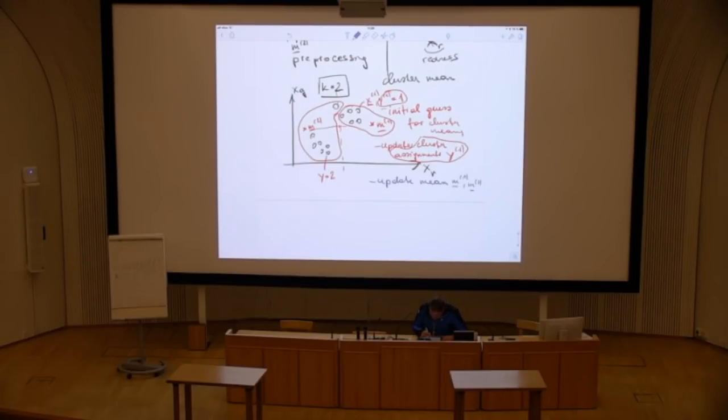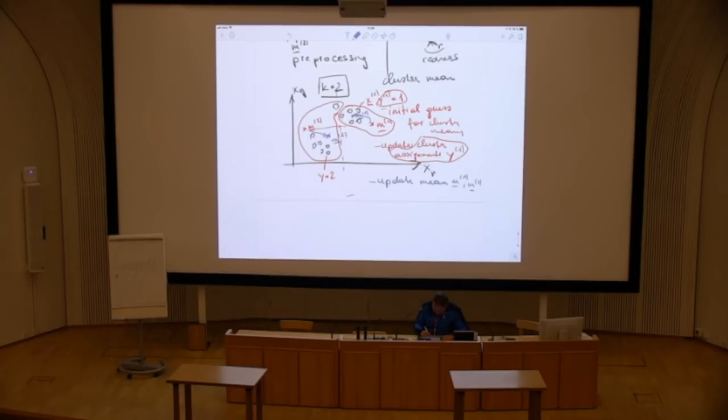So this M1 might be then here, for example. M2 might be here. So this update moves the cluster means. So now that we have new cluster means, what do we do?